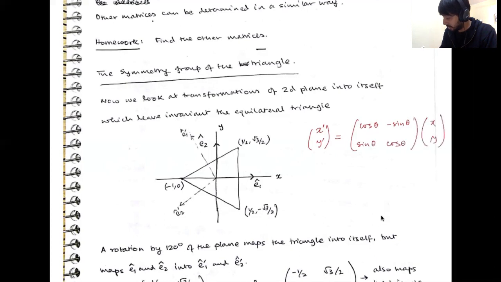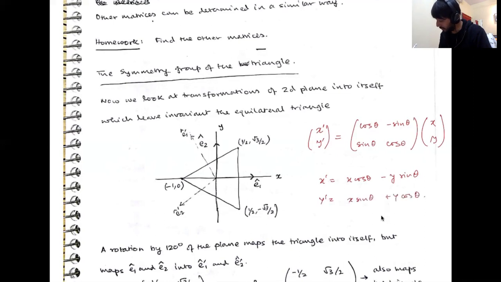So this is just x prime equals x cos theta minus y sine theta, and y prime equals x sine theta plus y cos theta. This is how you do it. So now theta here is equal to 2 pi over 3. Okay.